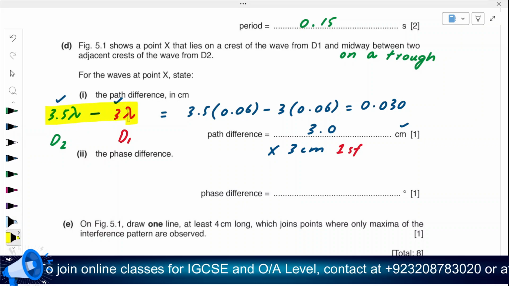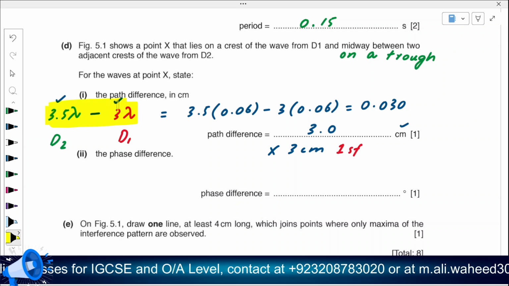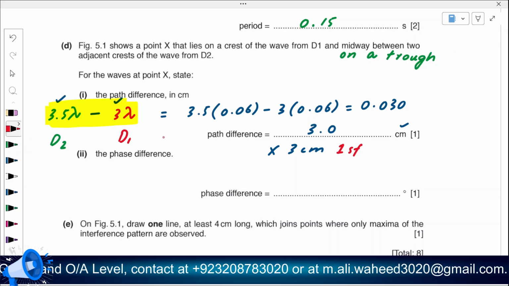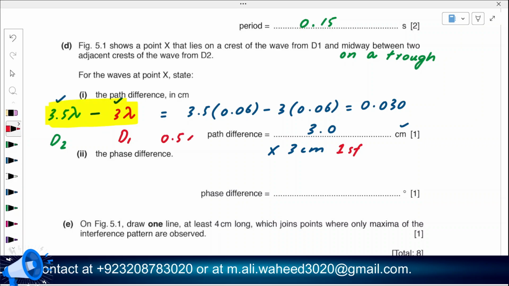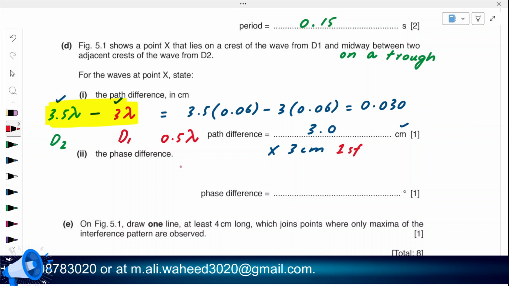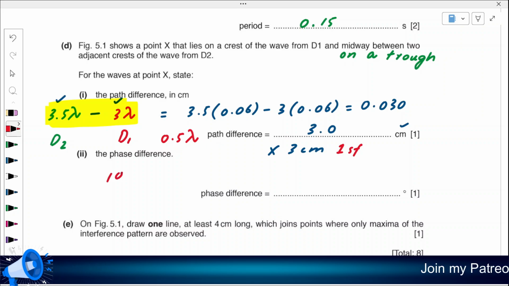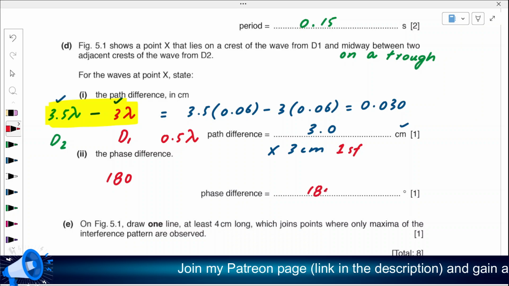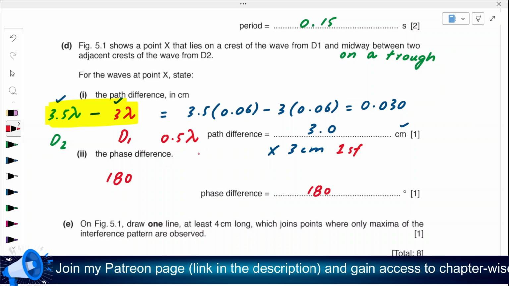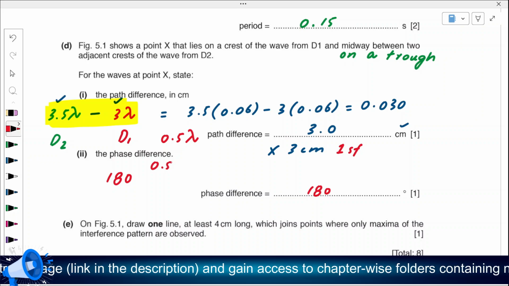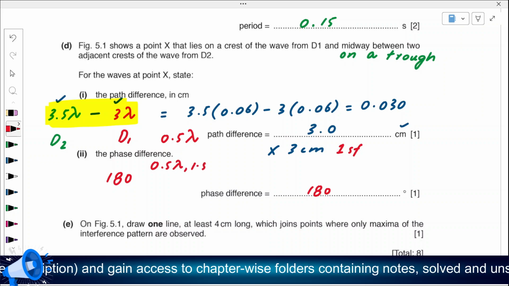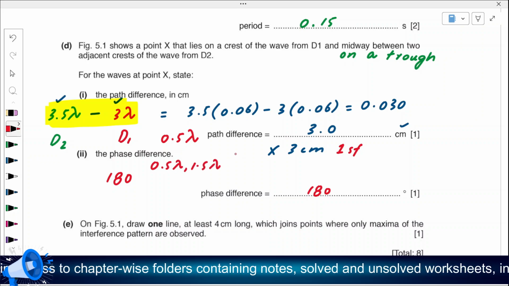This is how many times the wavelength. The difference is 0.5 lambda. So when the path difference is not an integral multiple of lambda, the phase difference would be 180. If it is 0.5 times lambda, 180. 1.5 lambda, that too 180.